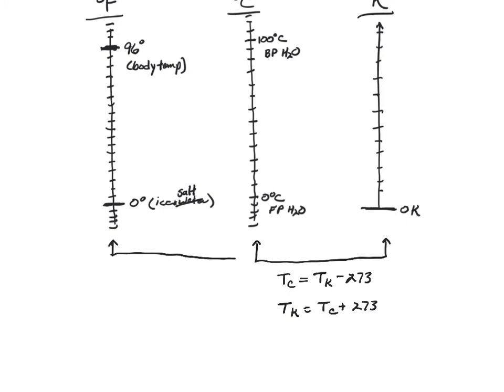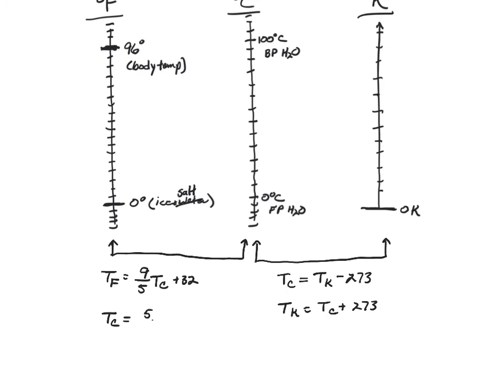Between Celsius and Fahrenheit, it's a little bit more work. Okay, the temperature in Fahrenheit is equal to 9/5 times the temperature in Celsius plus 32. Okay, which means if we want to convert from the temperature in Fahrenheit to the temperature in Celsius, we have to rewrite this equation.